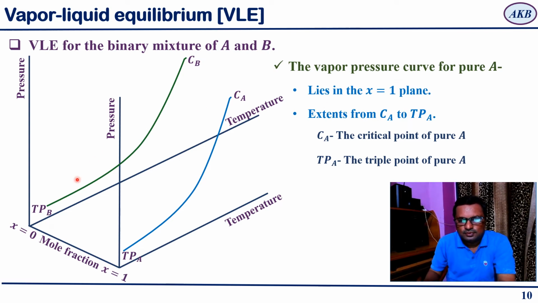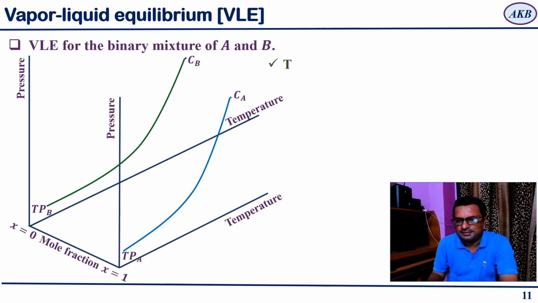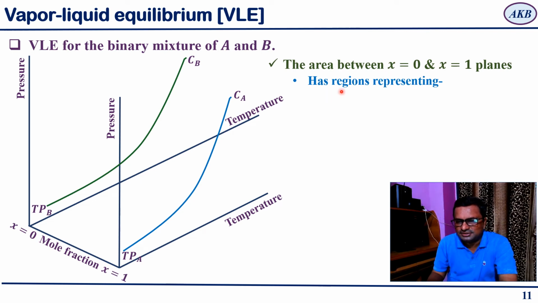Now we have the region that lies between these two planes, the region between the x equal to 0 plane and the x equal to 1 plane. The area between the x equal to 0 and x equal to 1 planes has two regions that represent liquid and vapor phases.